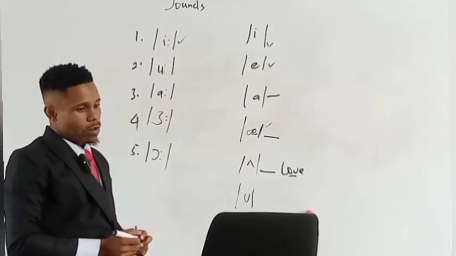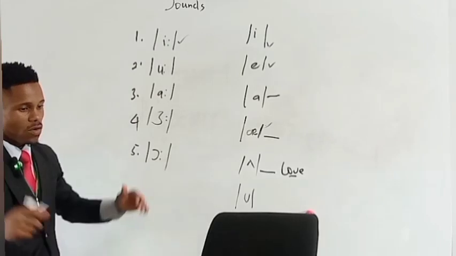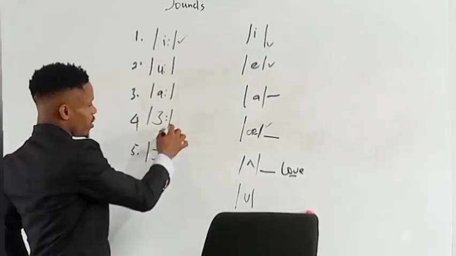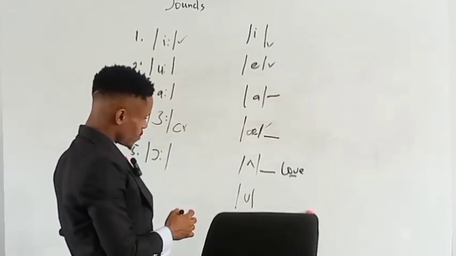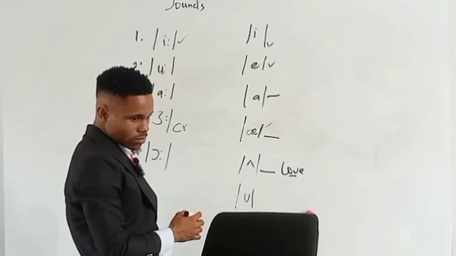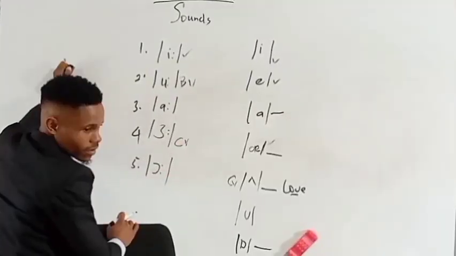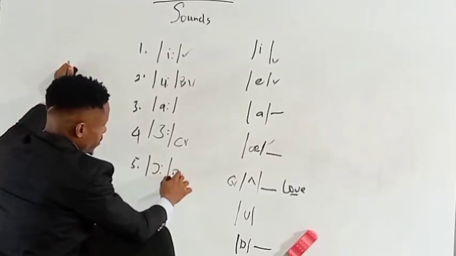And then the central vowel, the center of the tongue, that's the next line, the center of the tongue is raised. When we come to the central vowel, CV, that's what I'm writing. Back vowel.